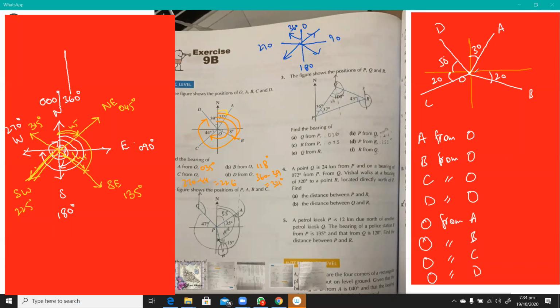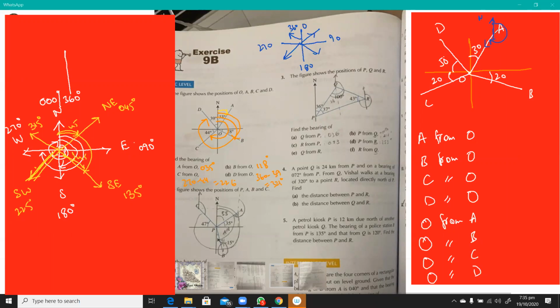Now, when we say the bearing of O from A, something is going away from A. So you should have north at this point. Something is going in this direction, so your answer has to be somewhere between 180 and 270. You first of all have a north here, and then you find how much this angle is.